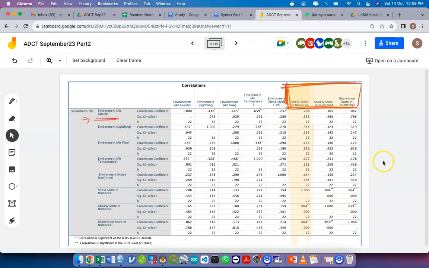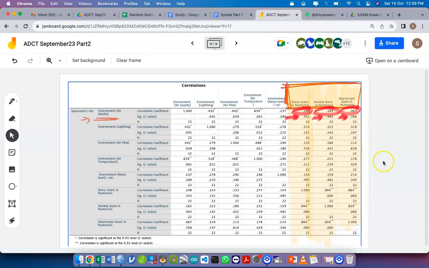Okay. So now what we need to do, we need to specify first one, air quality and stress score. What is the value? Less than 0.2, positive negligible, positive low. This one, positive negligible, positive negligible. So what about the p value? Not significant. So that means air quality has no correlation with our stress score.